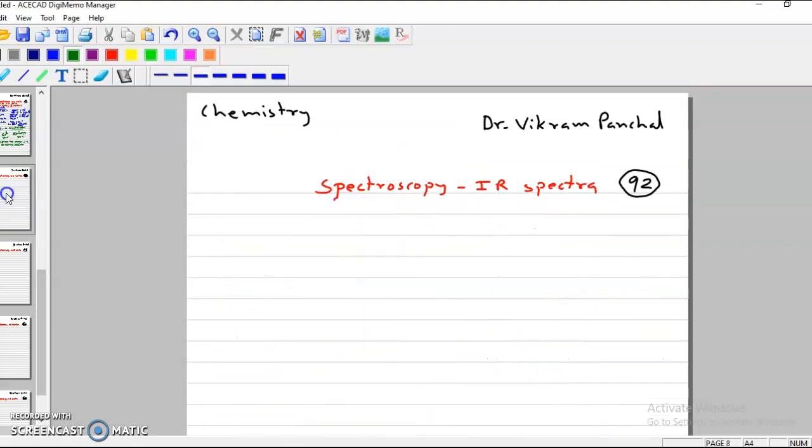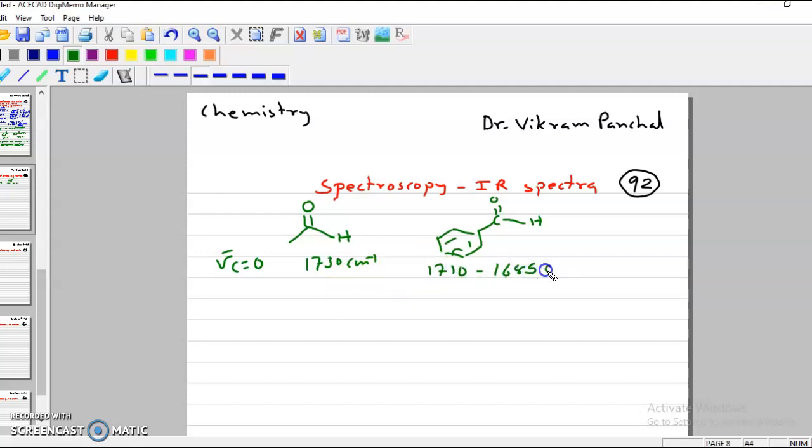Okay, we'll take a few more examples, like this compound, an aldehyde. In this case C=O stretching appears at 1730 cm⁻¹. And if we take benzaldehyde, then it is at 1710 to 1685 cm⁻¹.